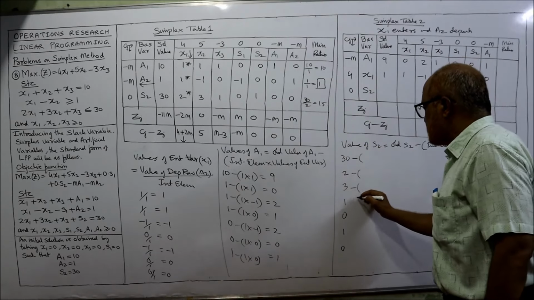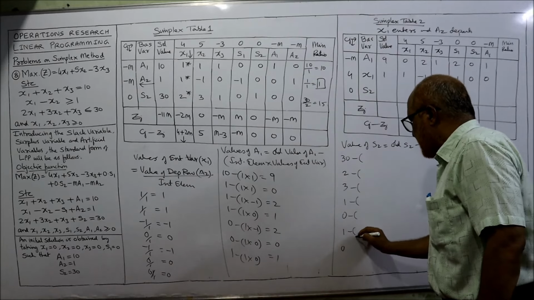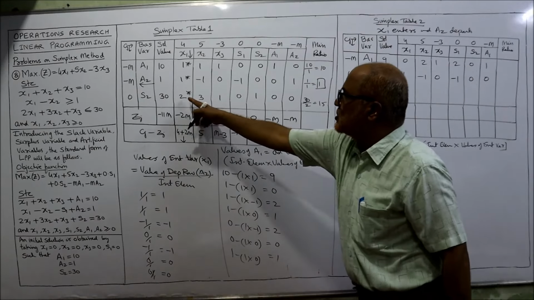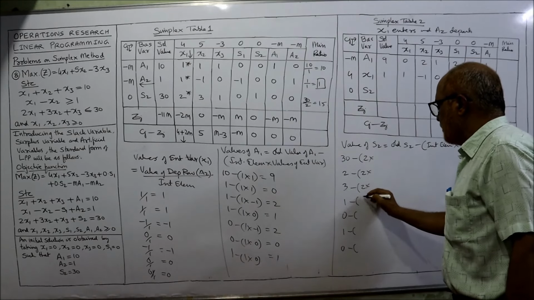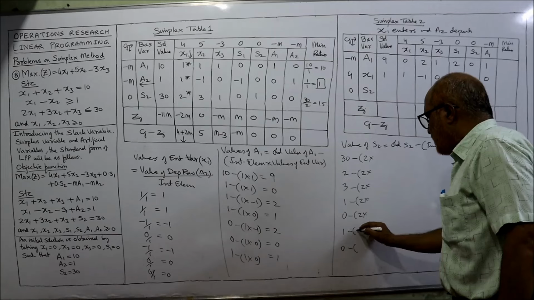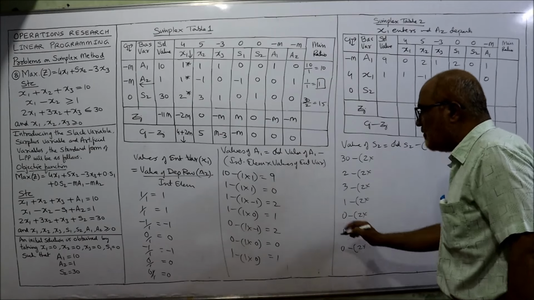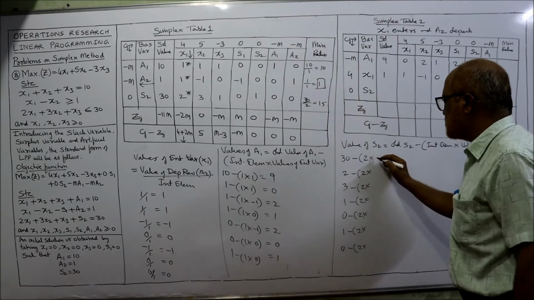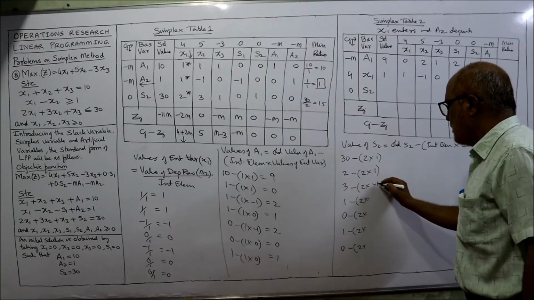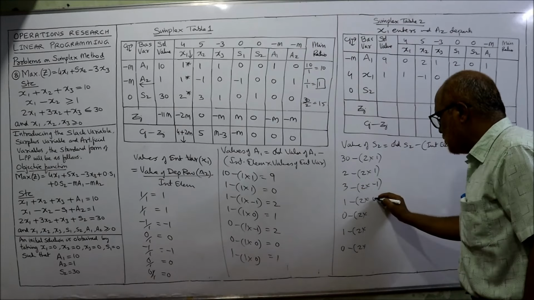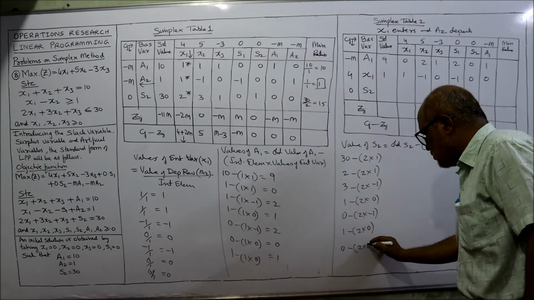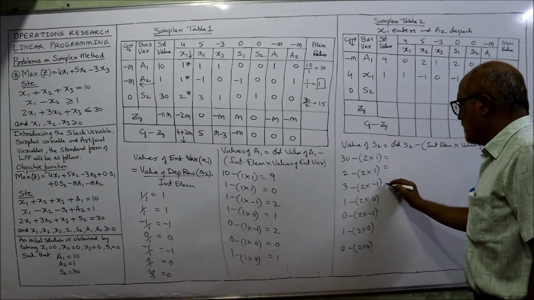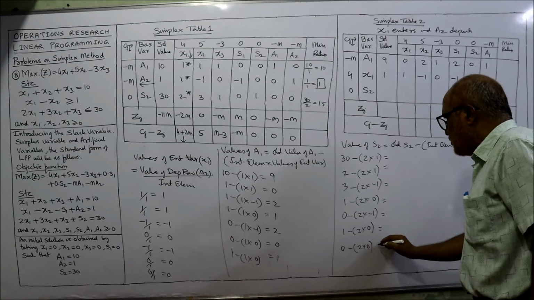Minus the intersectional element of S2, which is 2, into the values of entering variable: 1, 1, minus 1, 0, minus 1, 0 and 0. Now you can easily find the values.